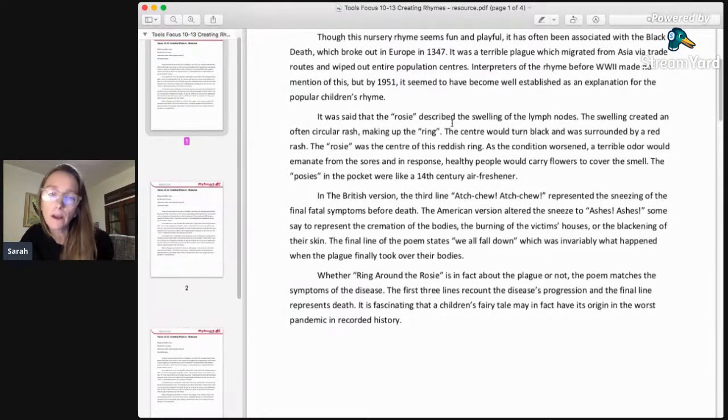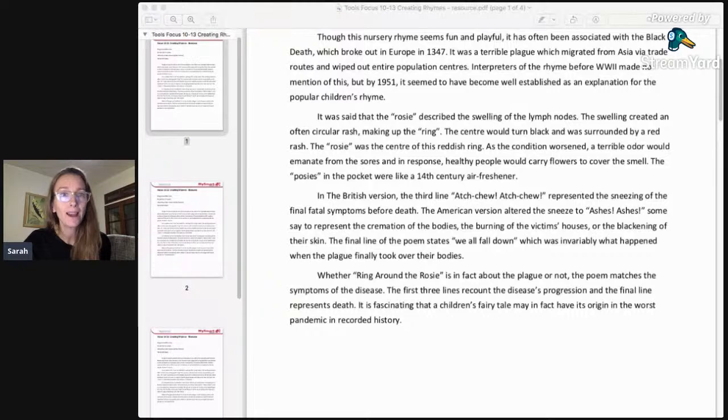Whether Ring Around the Rosie is in fact about the plague or not, the poem matches the symptoms of the disease. The first 3 lines recount the disease's progression, and the final line represents death. It is fascinating that a children's fairy tale may in fact have its origin in the worst pandemic in recorded history.